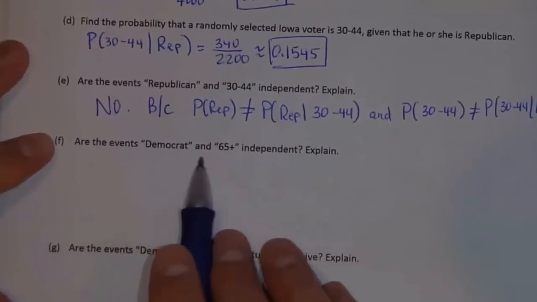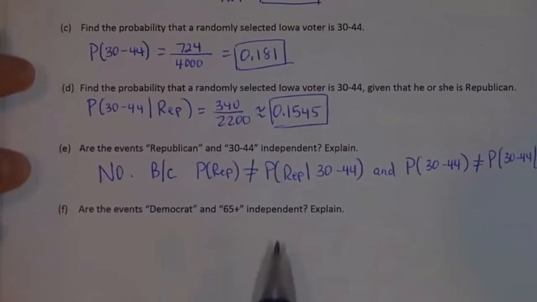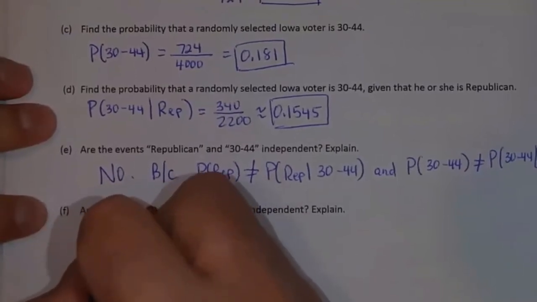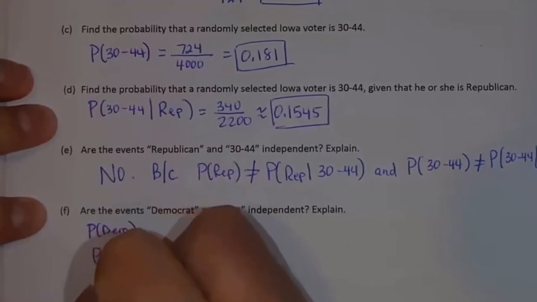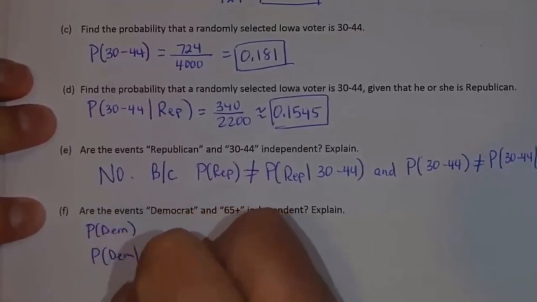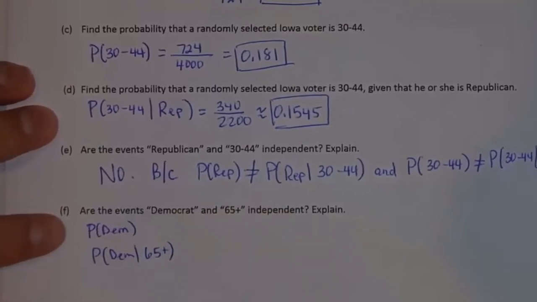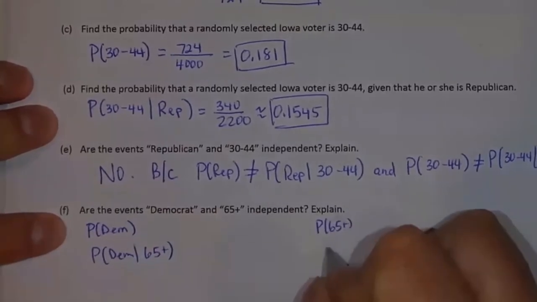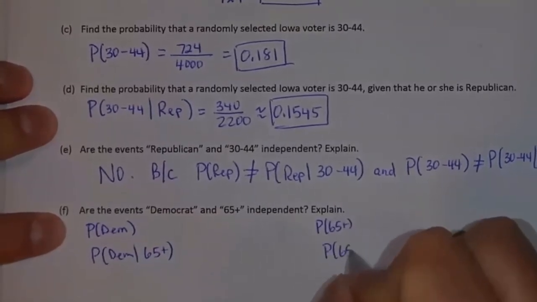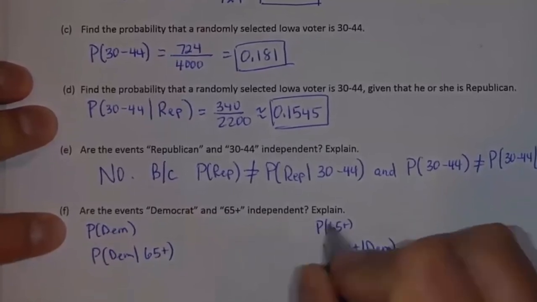Are the events Democrat and 65 plus independent? Well, the way to tell is I could find the probability of being a Democrat and the probability of being a Democrat given 65 plus, and see if those are the same. Or I could find the probability of being 65 plus and the probability of being 65 plus given that it's a Democrat, and compare those.